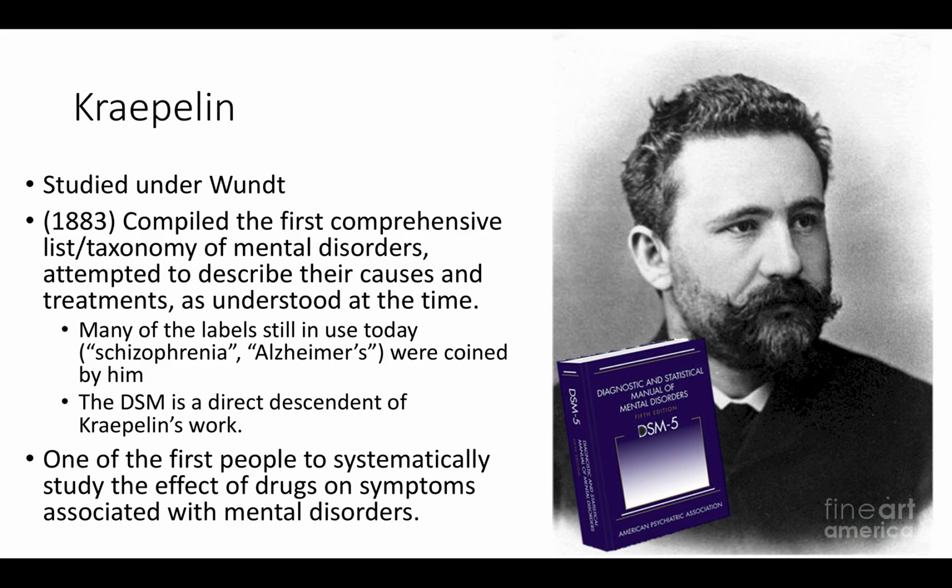After that milestone, the discovery of the placebo effect and incorporating it into clinical trials, there was this German fellow named Kraepelin. Kraepelin, I don't know if I'm pronouncing that correctly. He studied mental disorders and he paid particular attention to the trajectory of the symptoms. How does a disorder play out over time?